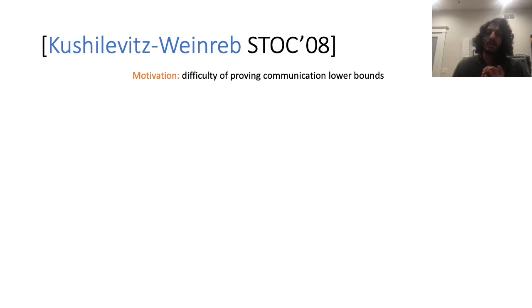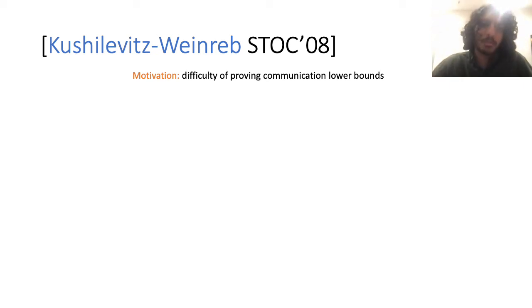There's one major prior result along these lines, and that's by Kushilevitz and Weinreb. They were interested in this question from a meta-complexity perspective. They were looking at problems like, at the time, clique versus independent set, which since then has been resolved.